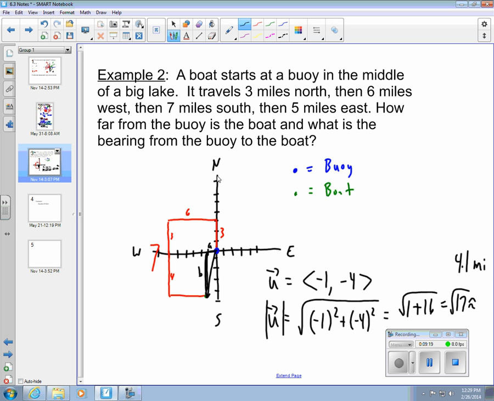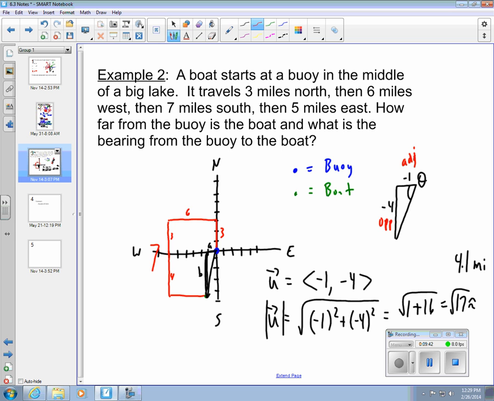So now I'm just going to kind of draw out this picture here. We've got so much over, so much down. We're supposed to figure out what that angle there is. Well, if this is -1 and this is -4, again, this is our adjacent to the angle, and this is clearly -4. There's our opposite.